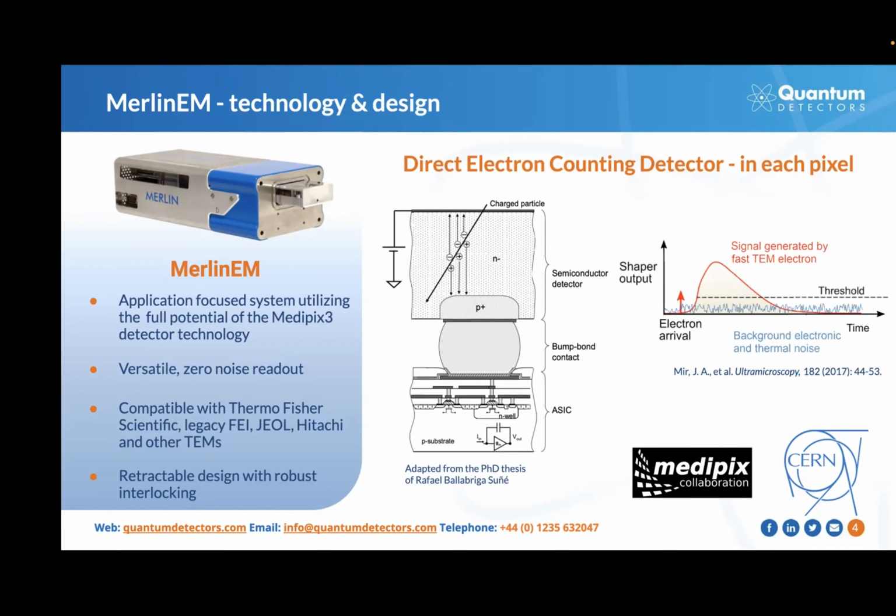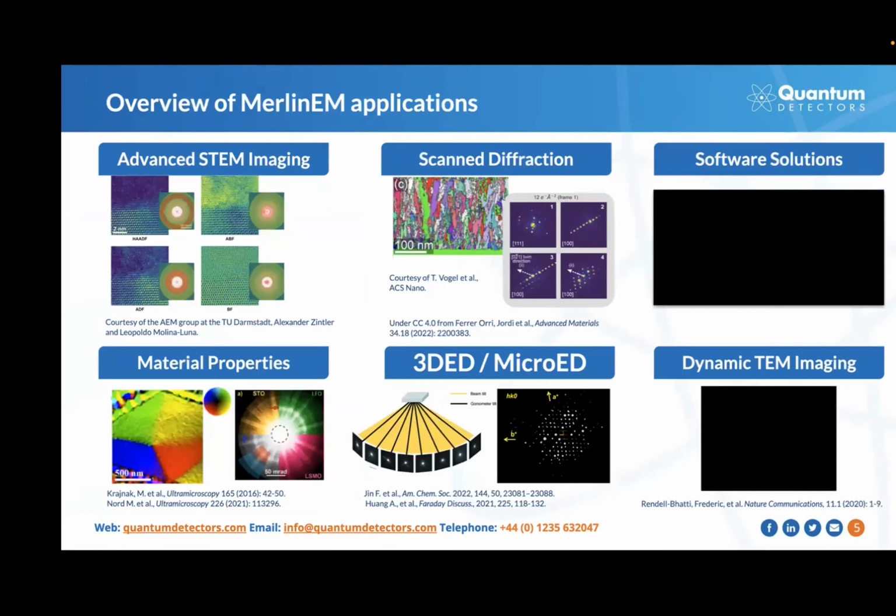This suppresses many sources of noise, from background electronic and thermal noise, blooming to readout noise, which is key for low-dose imaging. Unlike previous generations of cameras, such as CCDs, the MEDIPIX technology enables fast frame rates and precise detection of single electron events.